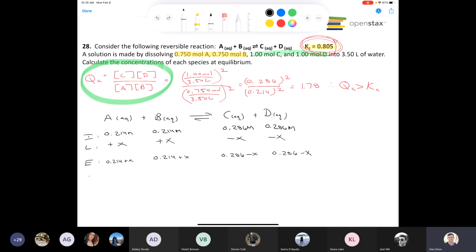All right, so let's plug in some numbers. We have our K, which is equal to 0.805, and that's going to be equal to 0.286 minus x, squared, divided by 0.214 plus x, and that whole thing is squared. There's a shortcut to get through this one.